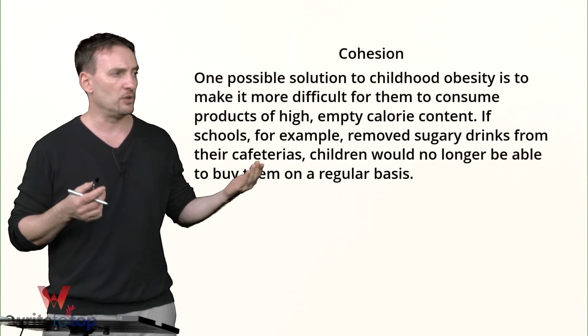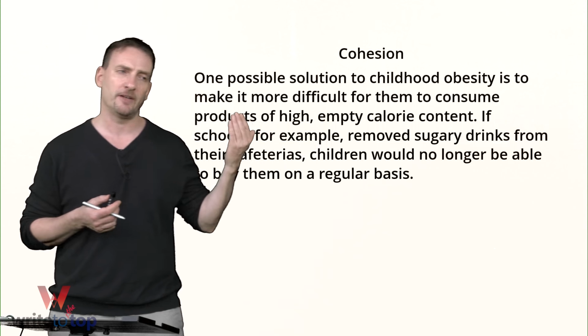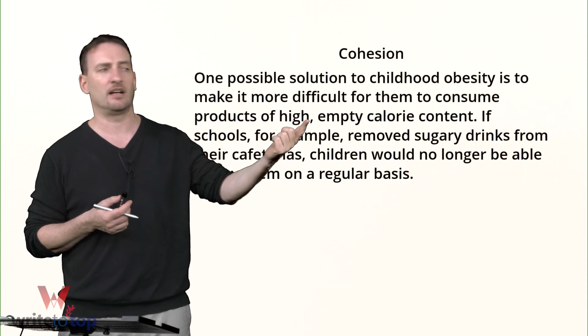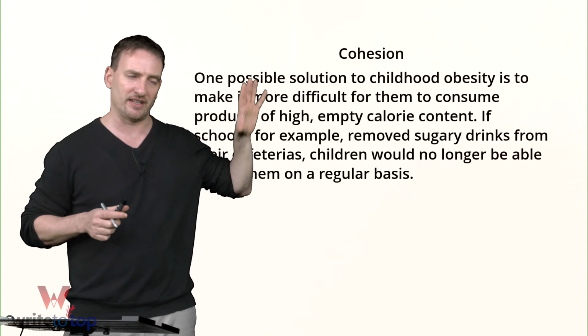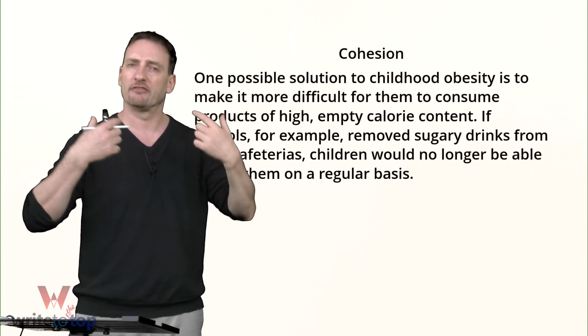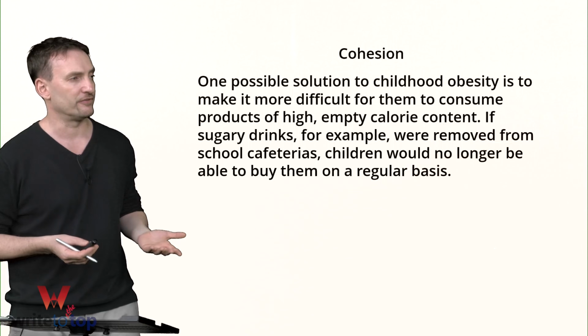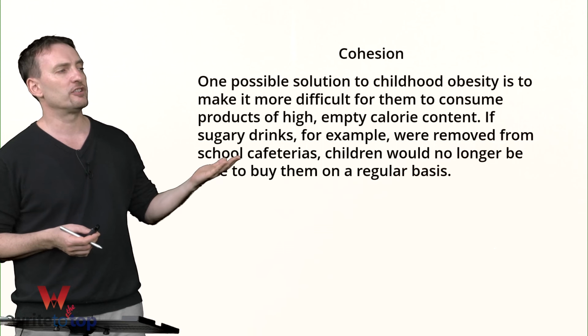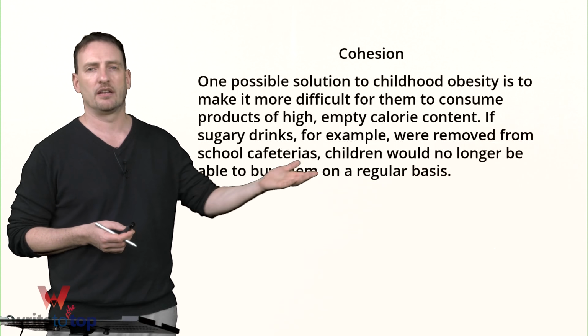So what I want to do is bring these sugary drinks closer to products of high calorie content, because the sugary drinks are an example of this type of product. So I want to make that link closer, right away, and stronger. How do I do that? I use a passive, okay? If sugary drinks, for example, were removed from school cafeterias, and then I go on.